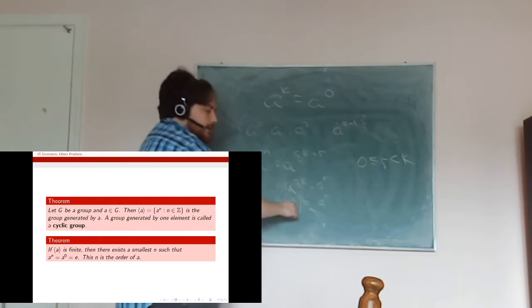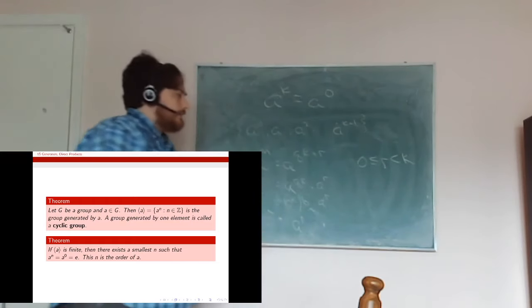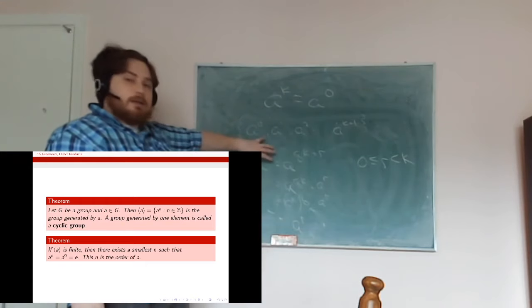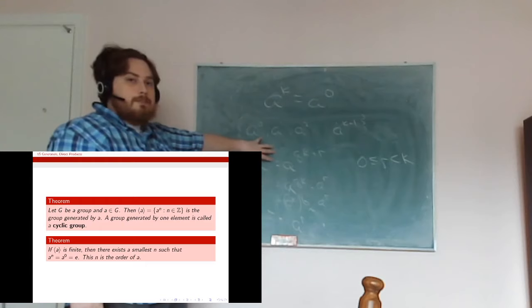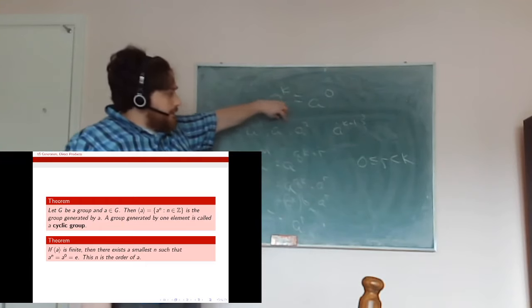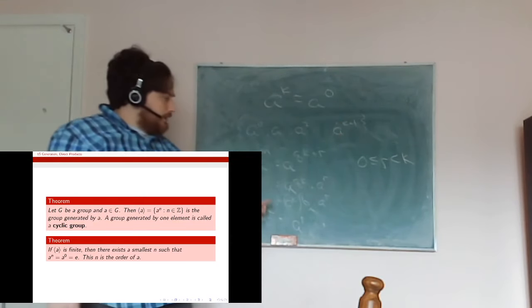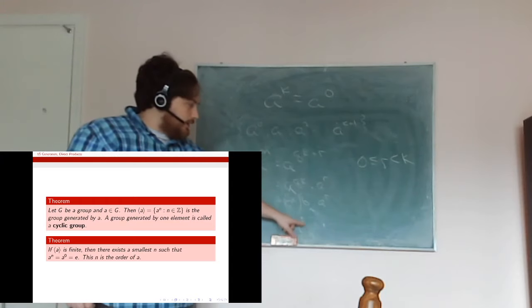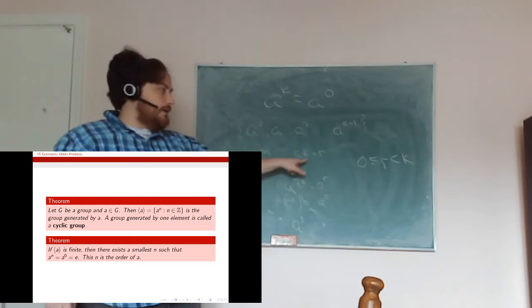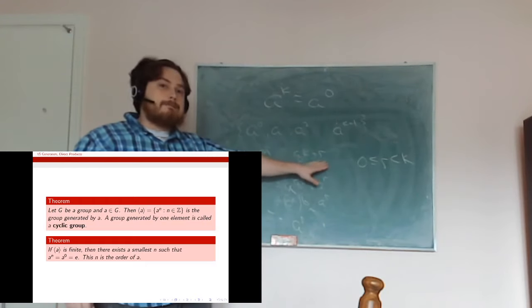But a to the k is the identity, so I get a to the r. So the point I'm trying to make is if I take any element of the form a to the m, I can rewrite it as being equivalent to one of the elements between a to the 0 and a to the k minus 1. And in particular, it's going to be the one where m is congruent to r mod k, because when I use the division algorithm by k, I'd have a remainder of r.